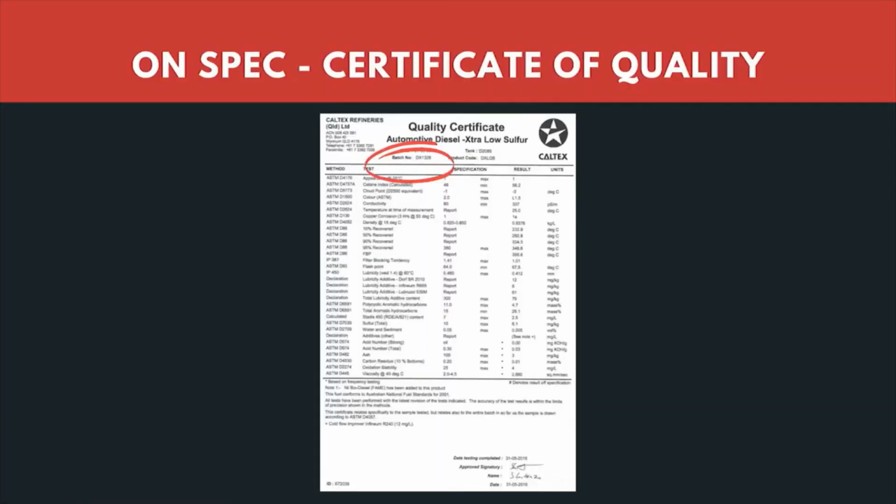As I said, the tank samples, top, middle, bottom samples, are sent to the laboratory, and depending on the product and the standards specified by the standard bodies, the laboratory will be doing a complete analysis. Once the sample is tested and all the test results are okay, that particular batch of tank is known as on-spec material, and the laboratory is going to give a quality control certificate of quality.